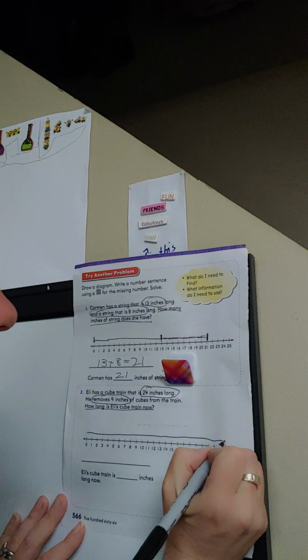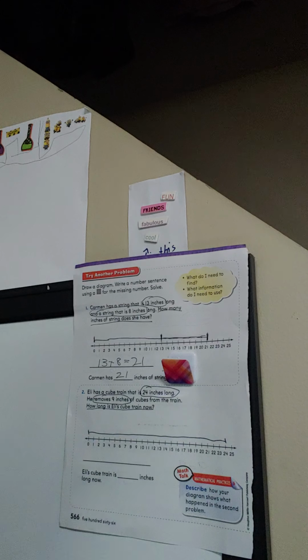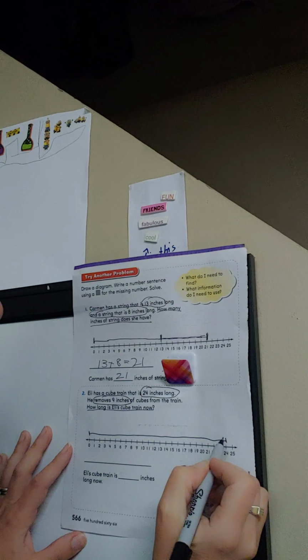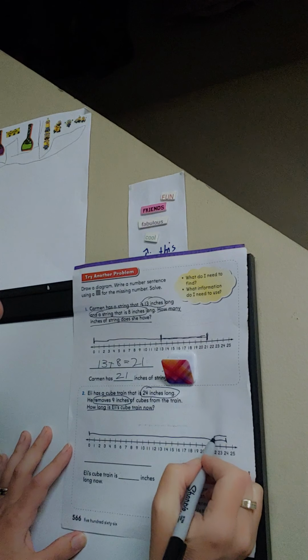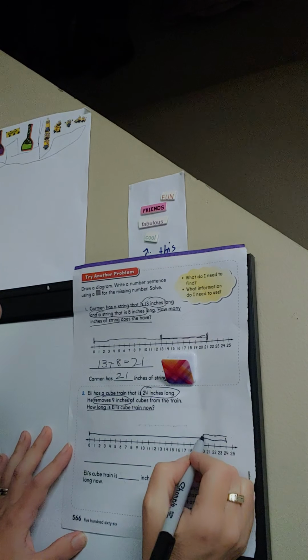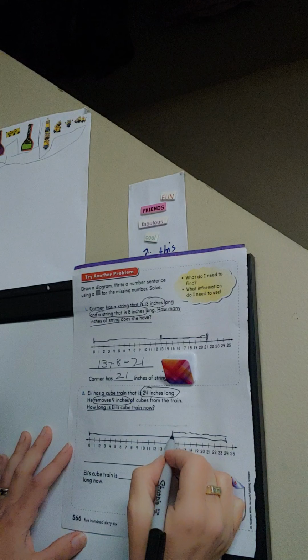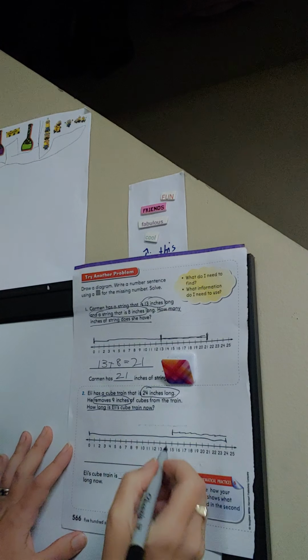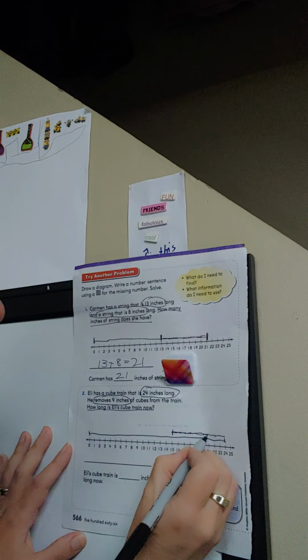So we're going to start at the 24 and count backwards, right? Because this is removing. So we have to subtract, and when we subtract, we count back. So we're going to go 1, 2, 3, 4, 5, 6, 7, 8, 9. Where did we land? On 15.